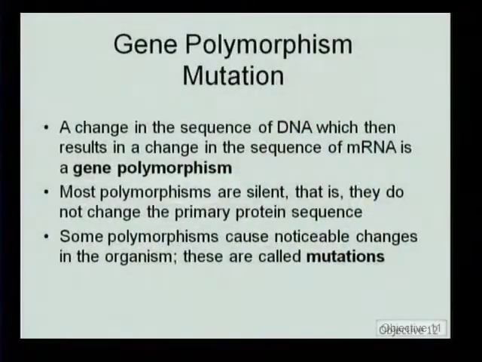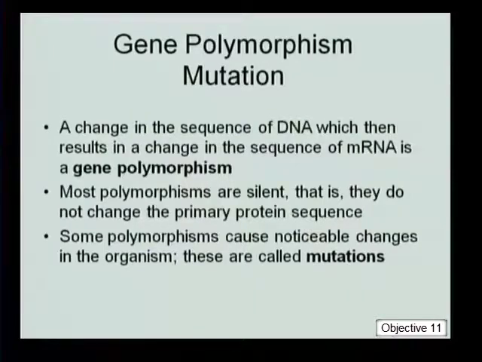But if it caused me to code for the keratin protein that makes up hair that was defective in some way so that I had no hair, a condition called alopecia, then we call that a mutation. The difference is that a gene polymorphism does not cause disease.